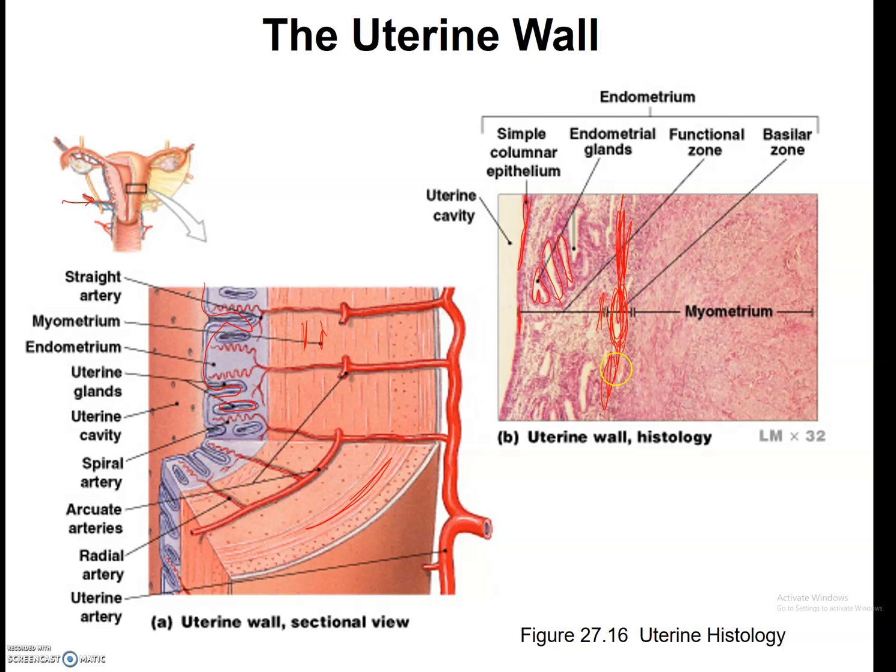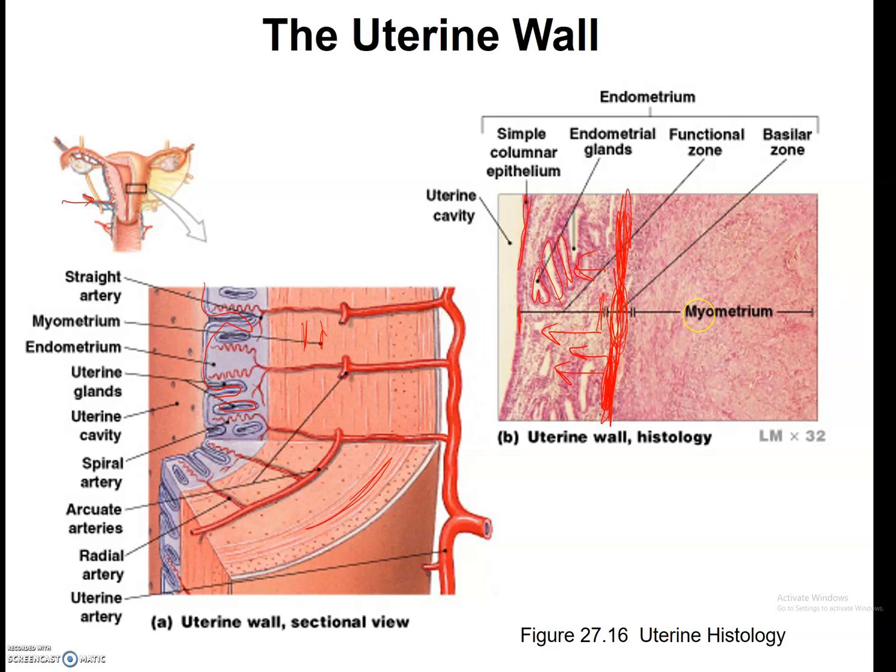Here, I'll just kind of scratch in where the functional zone is. The basilar zone is going to be producing the functional zone. All right, so these cells will divide and generate the functional zone on a monthly cycle until menopause hits.